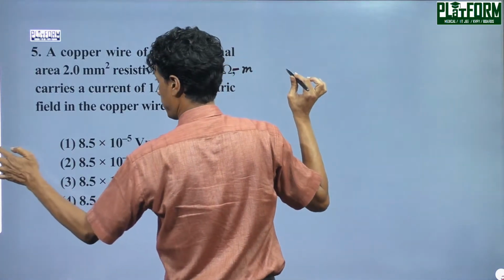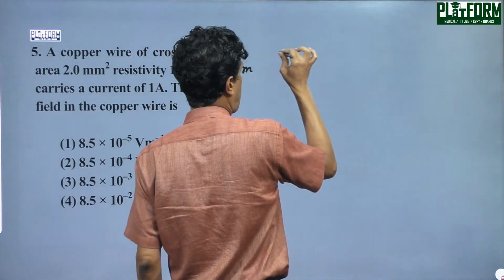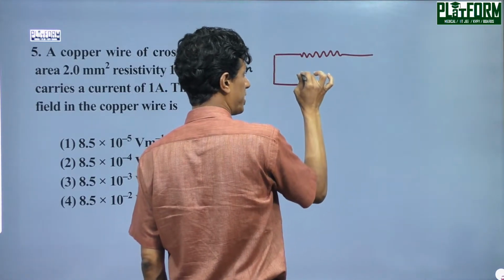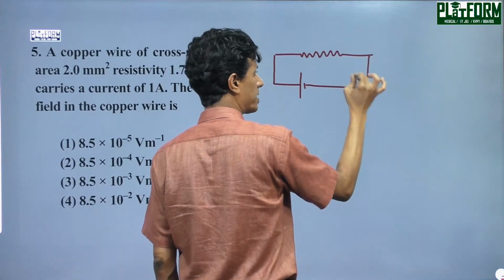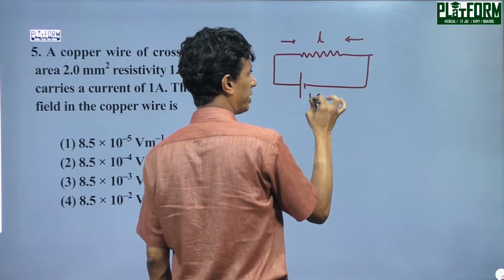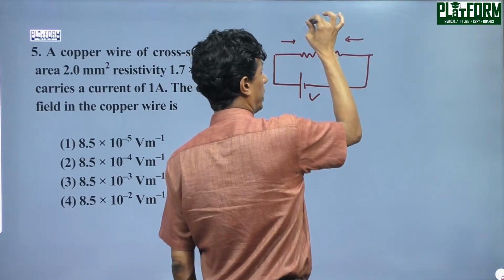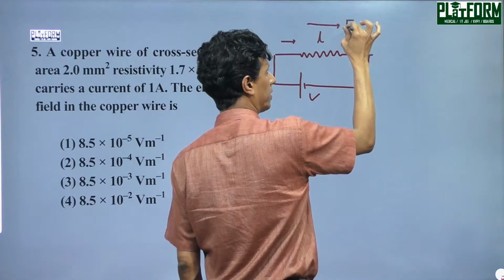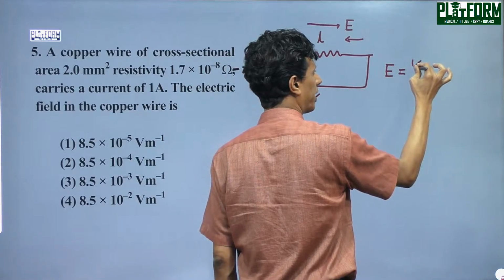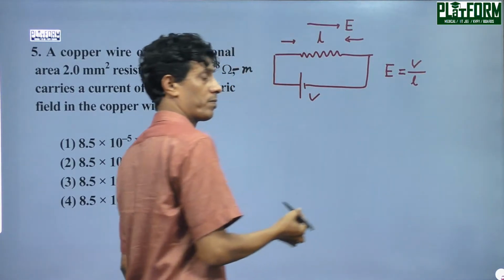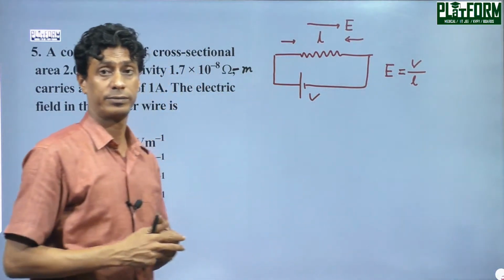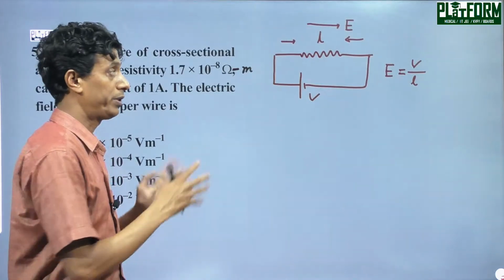In the resistive circuit, the potential difference given across the resistor of length L is V. Therefore, electric field E equal to the potential gradient. So this is the electric field applied across the conductor of length L, having the potential difference V.